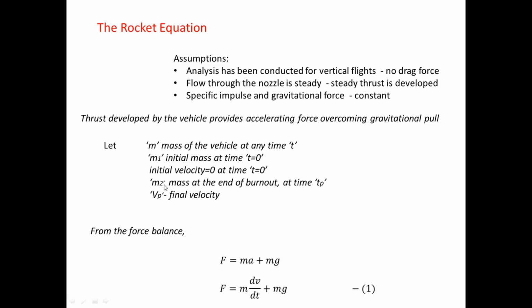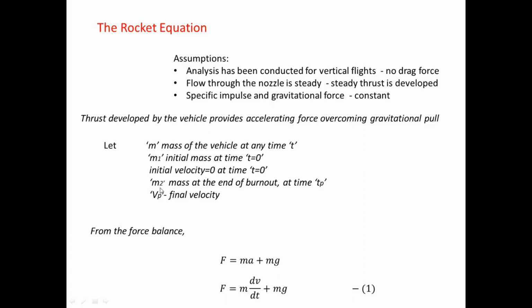From m1 and m2 you can obtain the m value, that is m1 minus m dot p. That expression, m dot p into tp, will give the total m2 value. So there can be a relation between m1, m2 and m. vp is the final velocity of the rocket, which is what we need to find out. m1 is the initial mass of the rocket and m2 is the final mass.